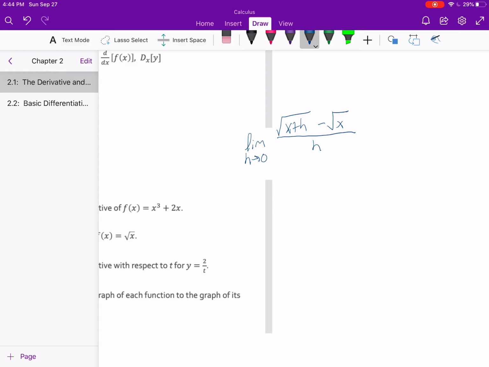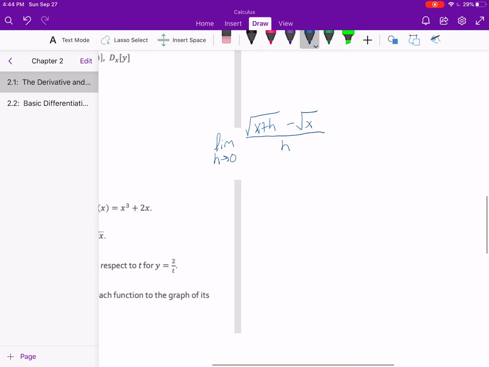Notice that this one's going to be pretty hard to do any cancellation. So let's try multiplying by a conjugate. I see square roots, so multiplying by a conjugate couldn't hurt. So the square root of x plus h plus the square root of x. Don't bother multiplying that out on the bottom.